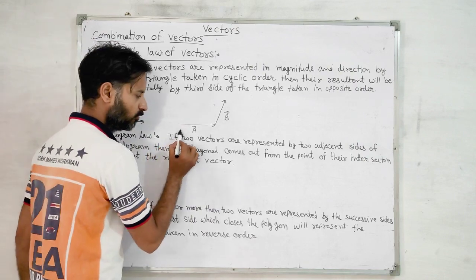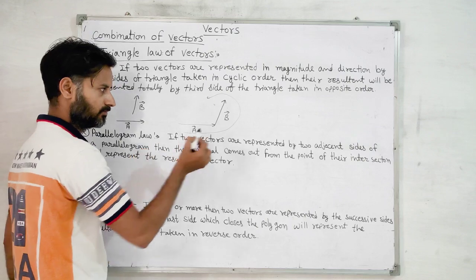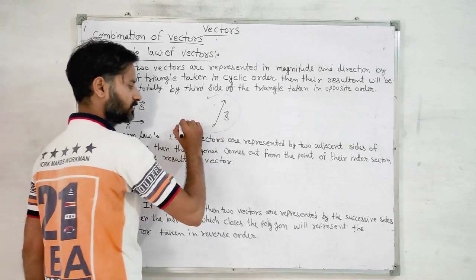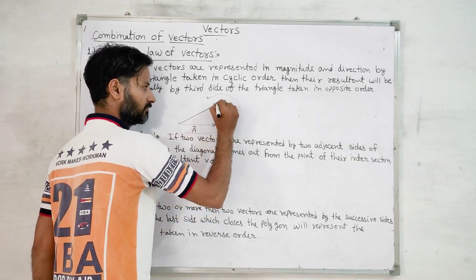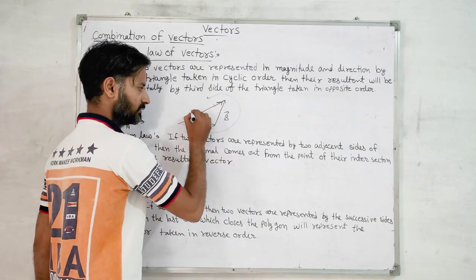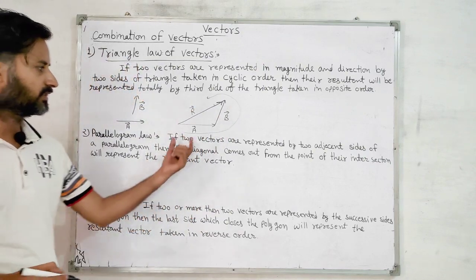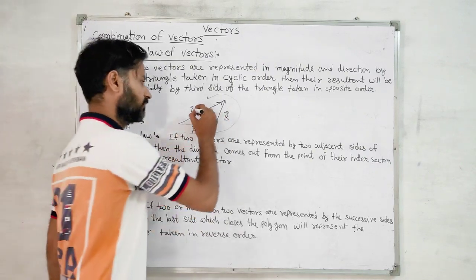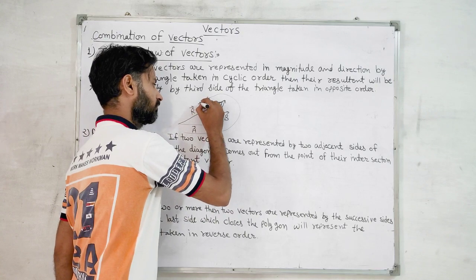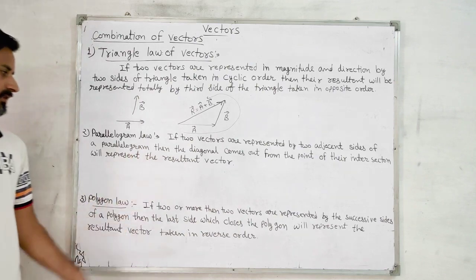If I move in this way, then this will be cyclic, but the third side should be taken in opposite order, so this will be taken in that way. In this case, the third side of the triangle will represent the combination of A vector and B vector, and this is our triangle law of combination.